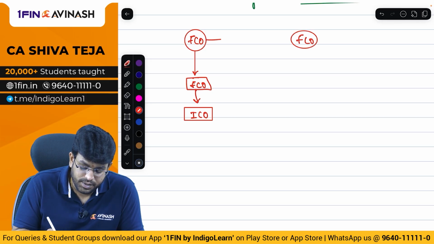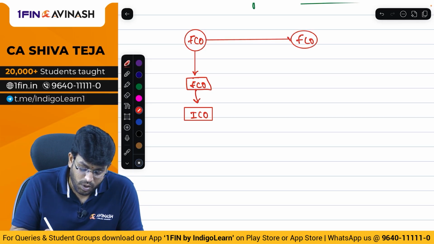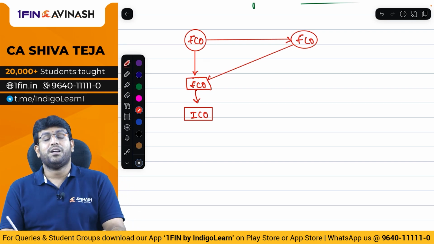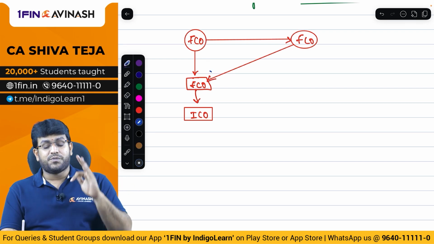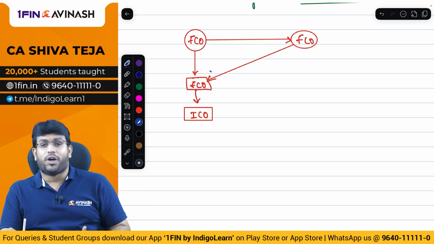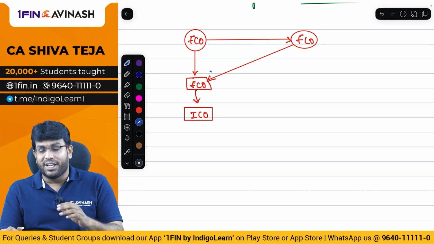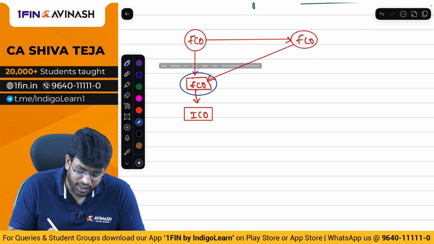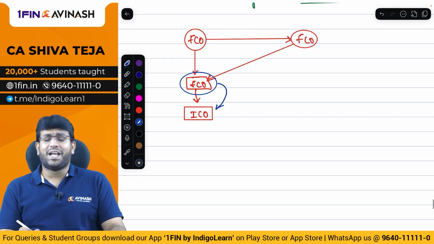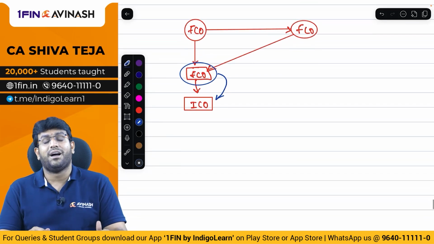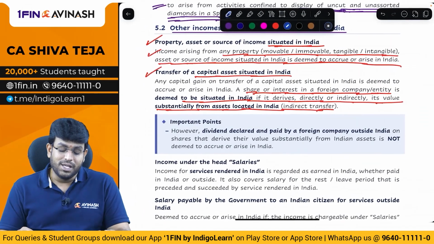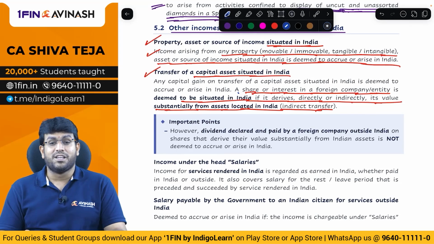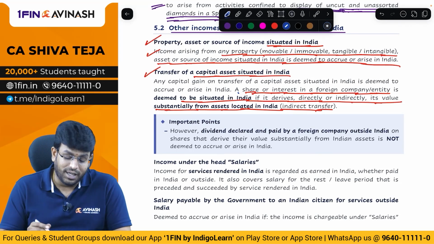And this foreign company is transferring shares of a foreign company to another foreign company. India is never involved, but still it is deemed to occur in India if this foreign company derives its value substantially from assets located in India. See that line?